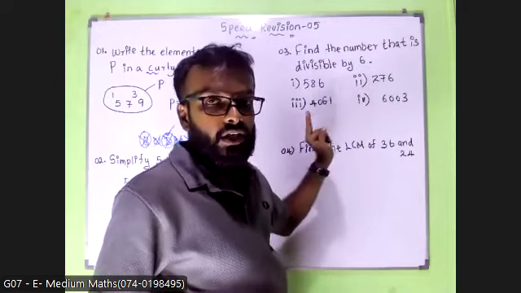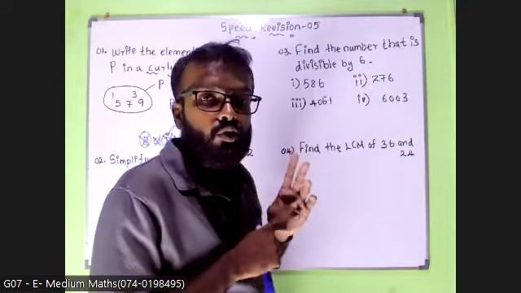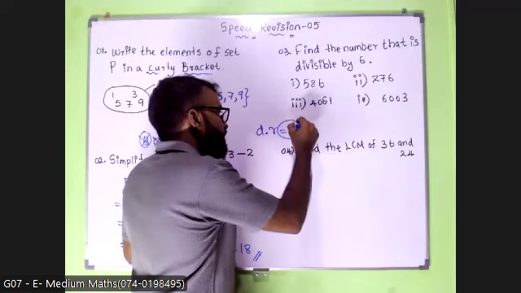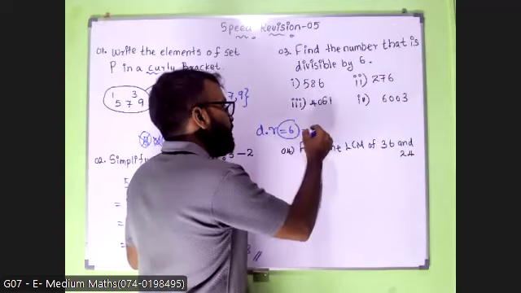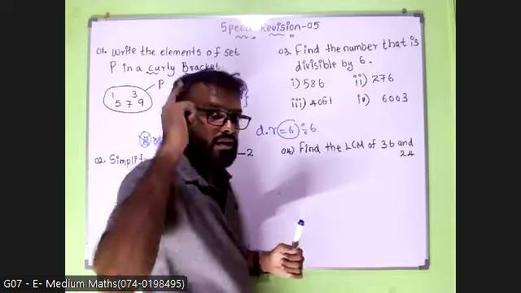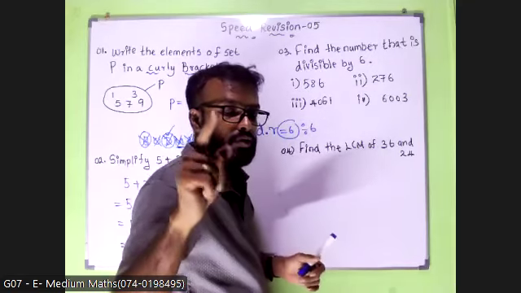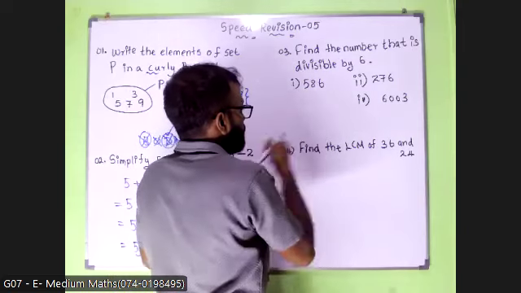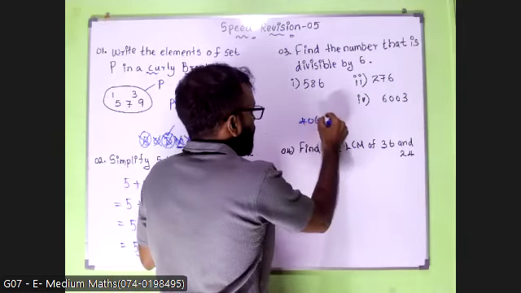If and only if the digital root is 6, that number is going to be divisible by 6. You need to remember that. Right? You need to find the digital root. Digital root of 586.